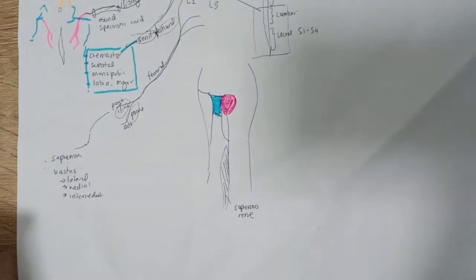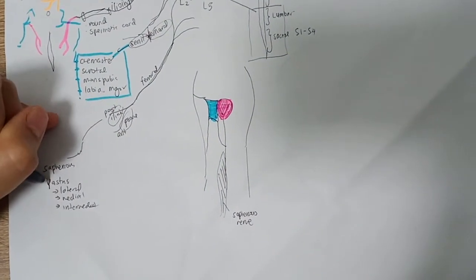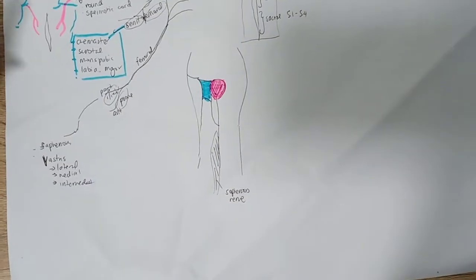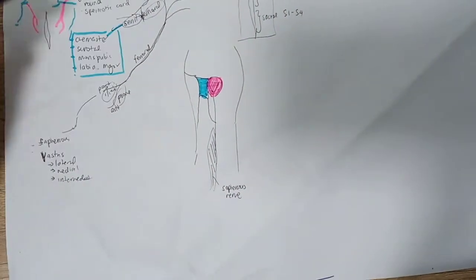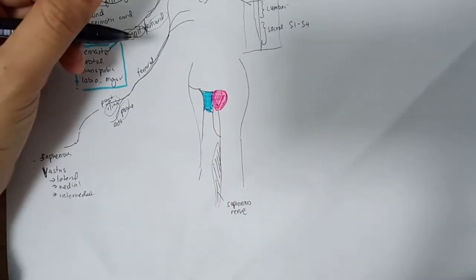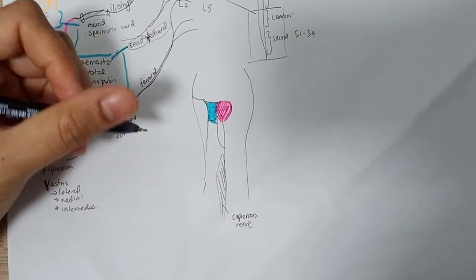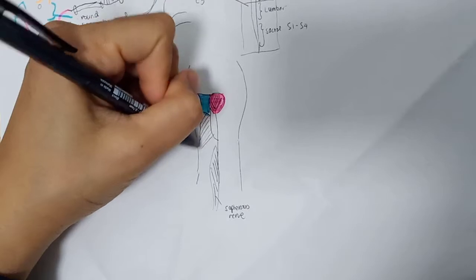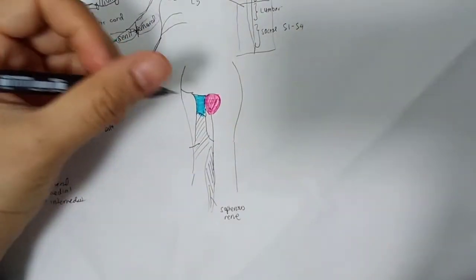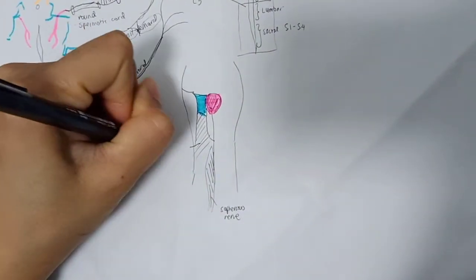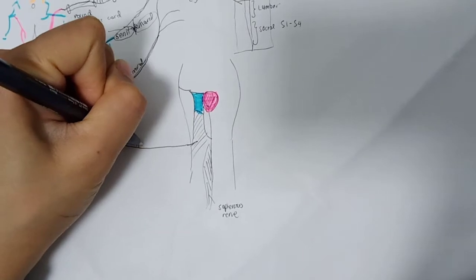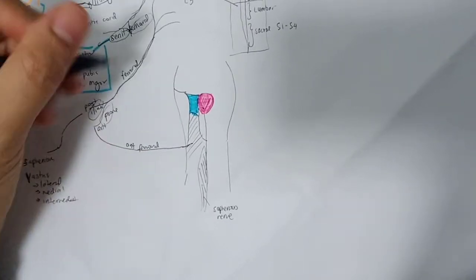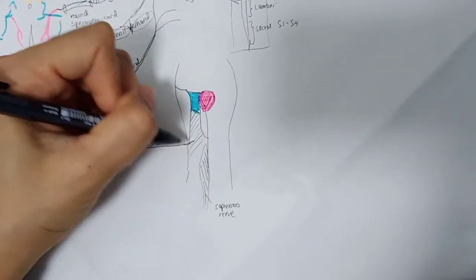Okay, that is for the quadriceps. That is for the posterior part, the posterior branch of the femoral. And for the anterior, it basically innervates this area. This is the femoral, the anterior femoral nerve. So it innervates the medial part of the thigh.